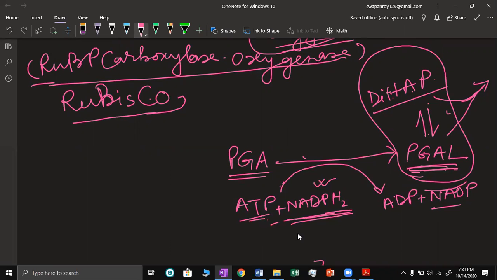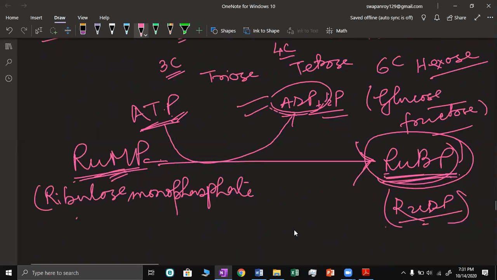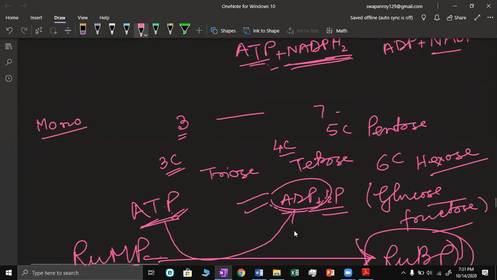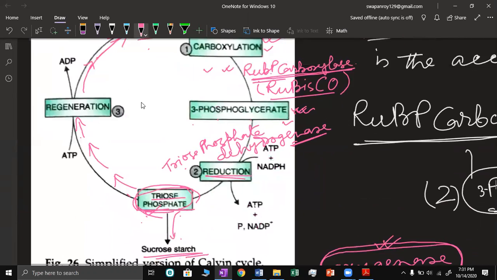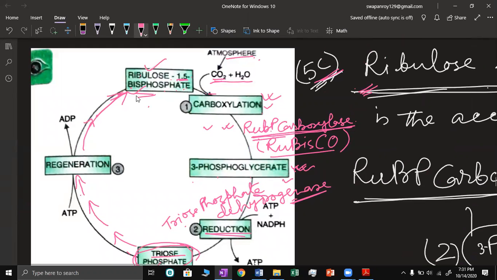In this process, the ribulose bisphosphate is initially consumed, but again this ribulose bisphosphate is regenerated.